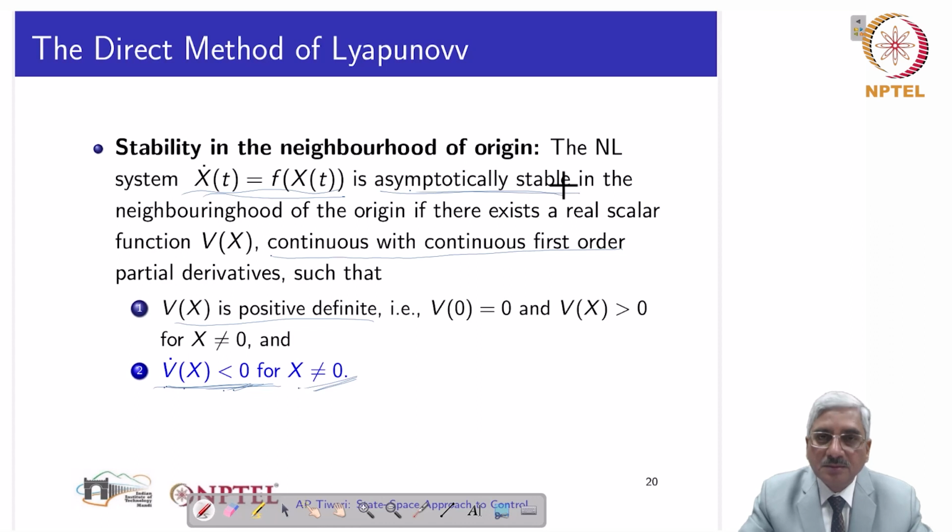So these things we have to have: a real scalar function V(x) for the given system. It should be continuous, its first order partial derivatives should be continuous, it should be positive definite, and its time derivative should be negative definite. Then it is an asymptotically stable nonlinear system.